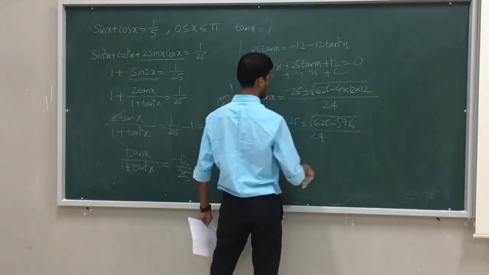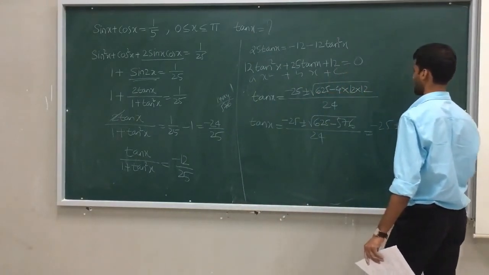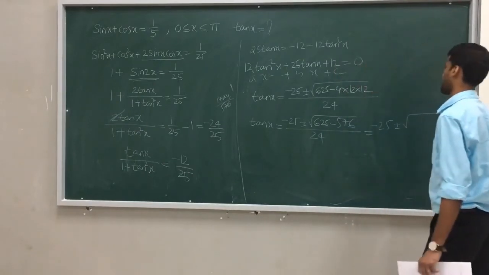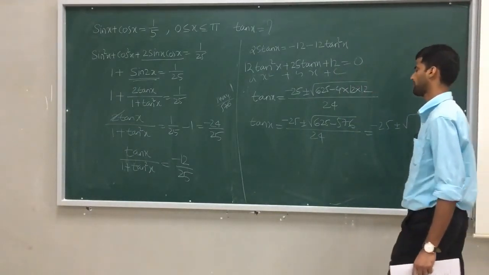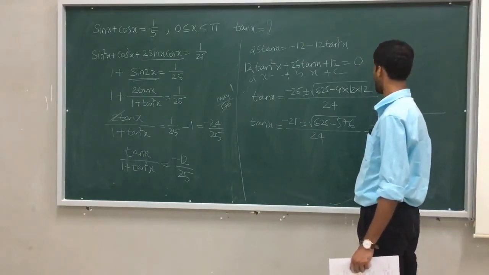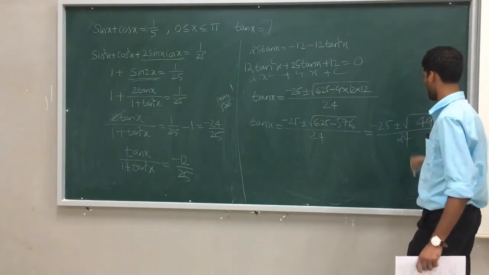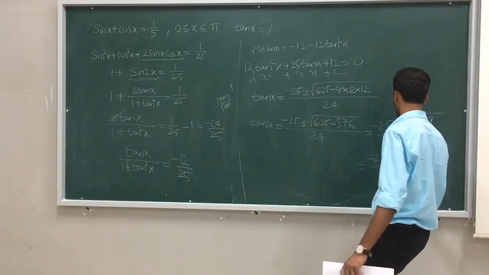Upon 24. 625 minus 576 is 49, so it is nothing but minus 25 plus or minus 7 upon 24.